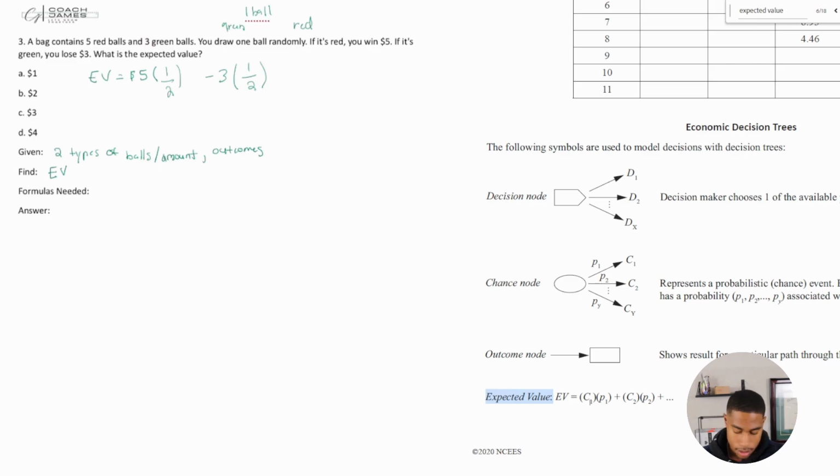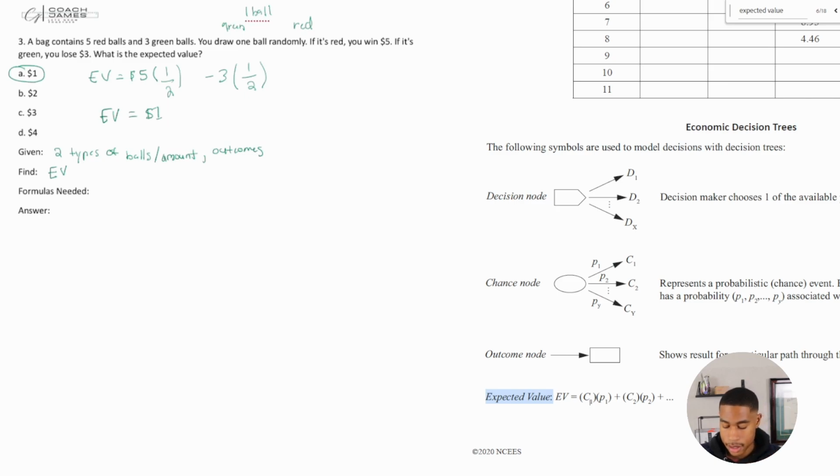So when I do this, I get my answer to be expected value is equal to $1. All right, so I get A.